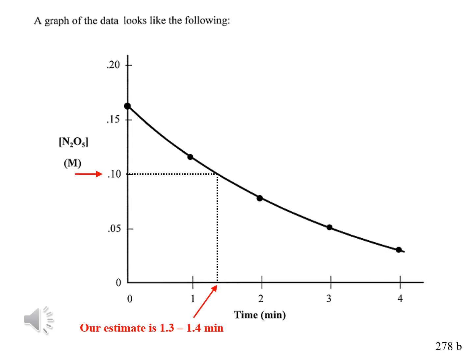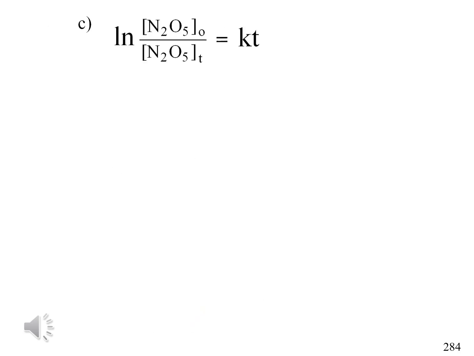So I did it on the graph again. If you look at 0.1 concentration and you read across and you go down to the time, it looks like it's somewhere around 1.3, let's estimate. We have to find numbers then to plug in the time equation again.